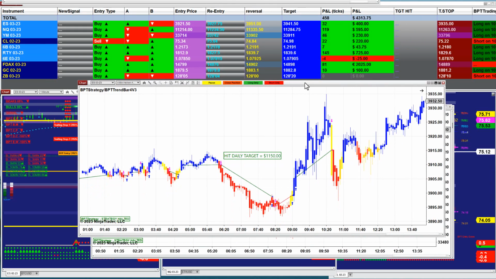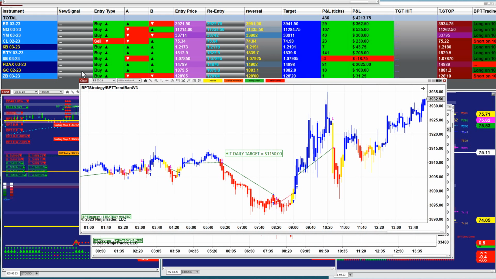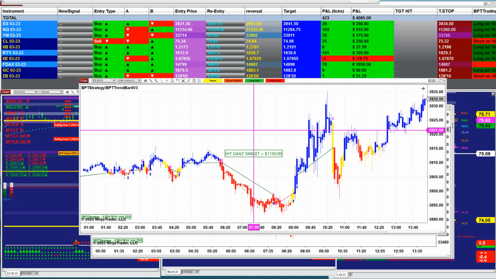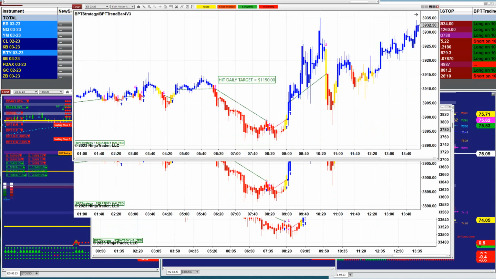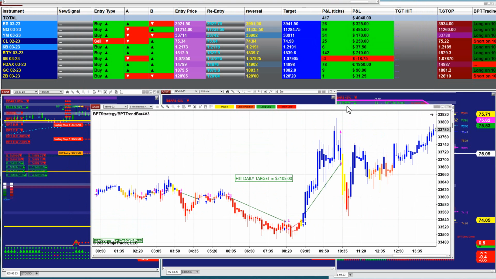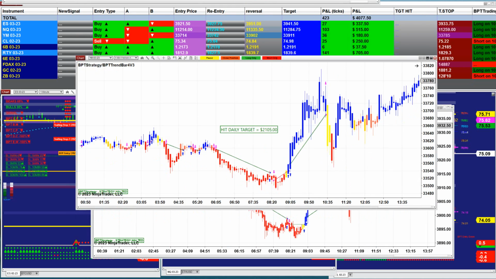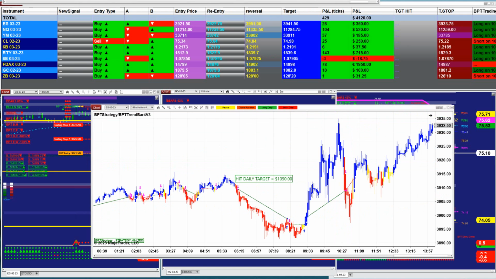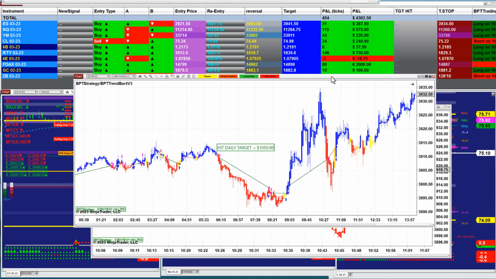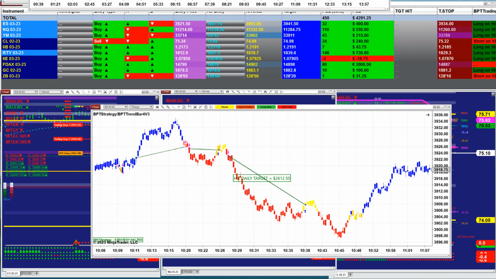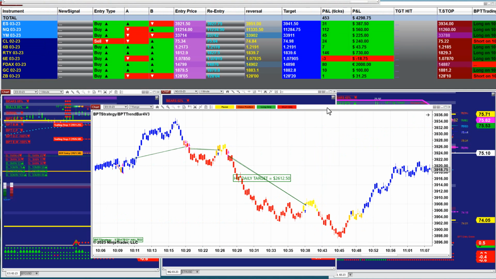And the CL 9 range, 6 range, 2,300 did the job. On the ES 4 minutes we got 1,150, and on the YM we got 2,000. And on the ES 3 minutes, the target is 1,000 and it got 1,050.